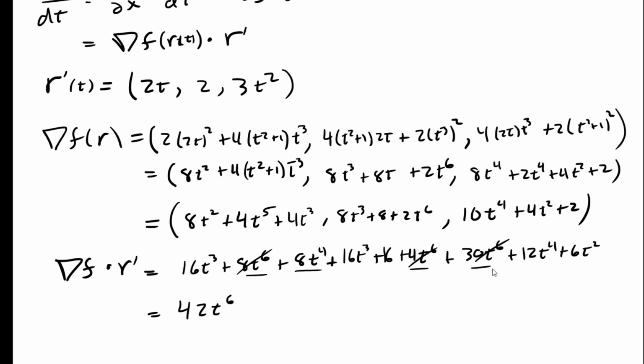Then I have t to the 4 and t to the 4. So that's plus 20t to the 4. And then I have t cubed, so that's plus 32t cubed, plus 6t squared plus 16.